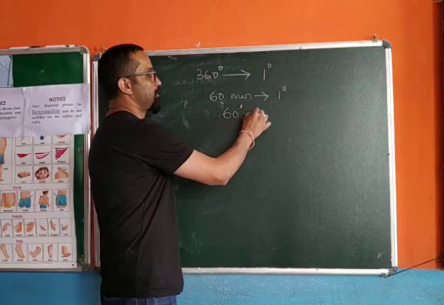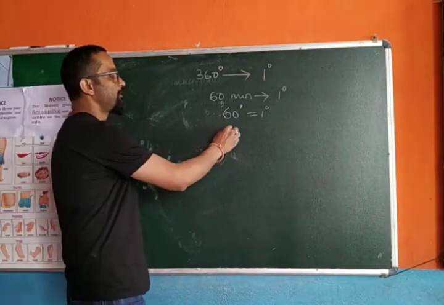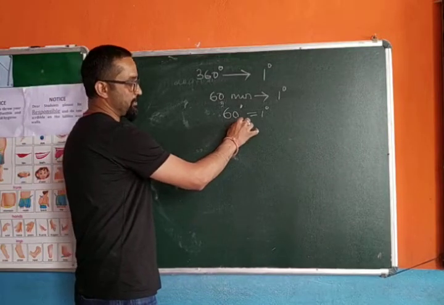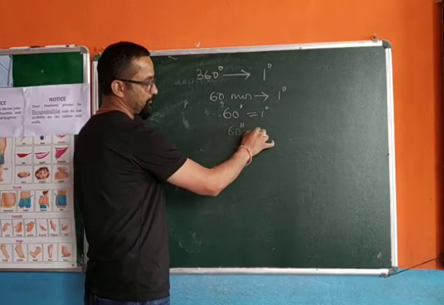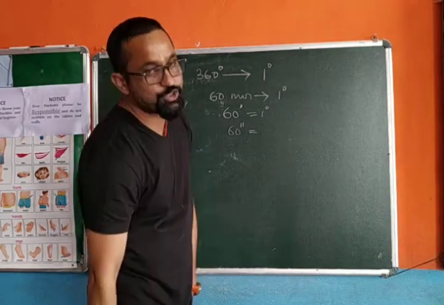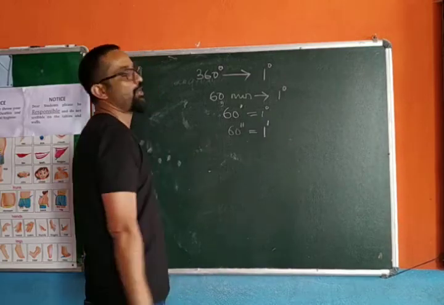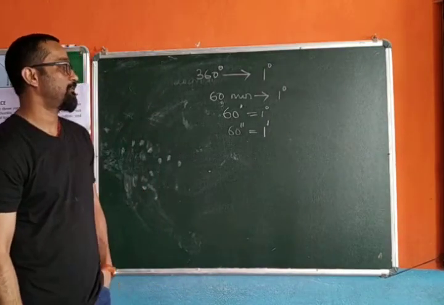Similarly, 60 seconds is equal to 1 minute, and we mark it as a double dash.